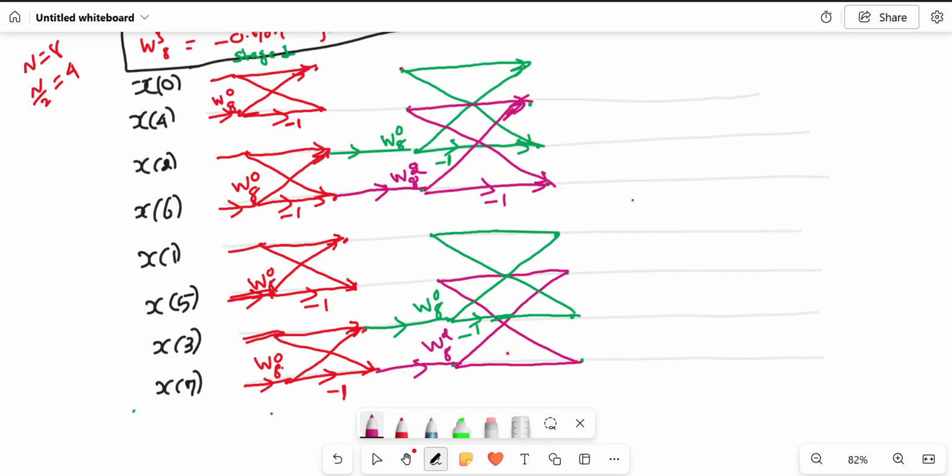So this is the stage 2 structure. In each stage there are N by 2 butterflies, you check: 1 2 3 4 here, and here also 1 2 3 4 butterflies. In each butterfly the lower wing should have the twiddle factors. In the second stage: W0 of 8, W2 of 8, W0 of 8, W2 of 8.